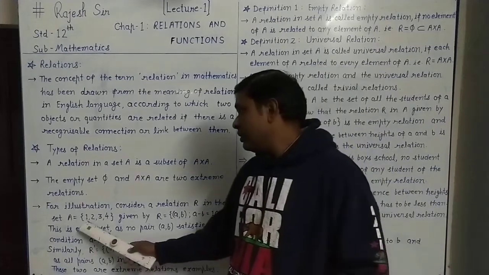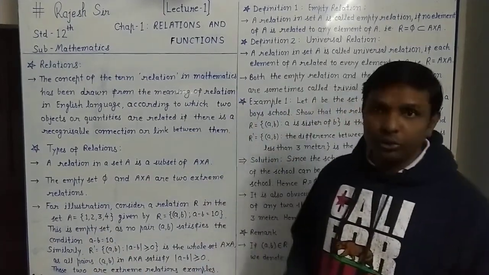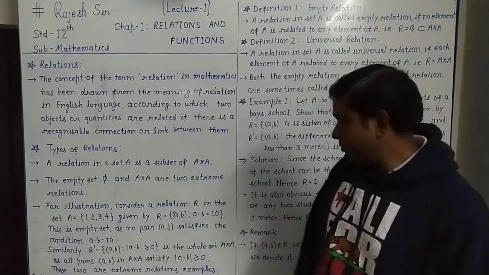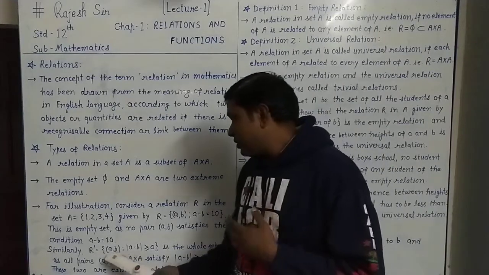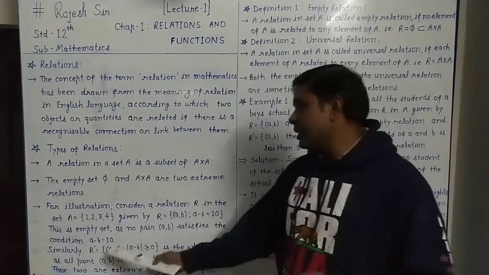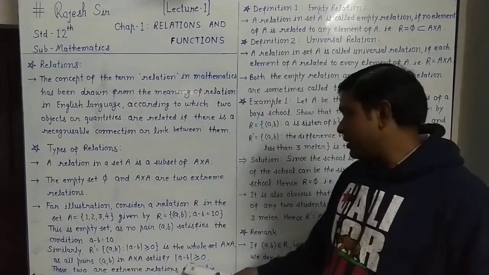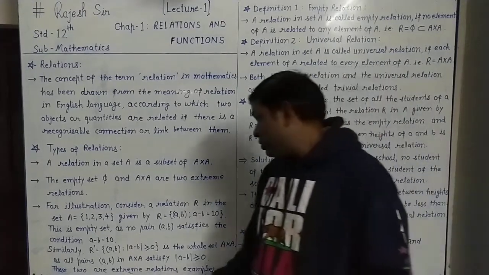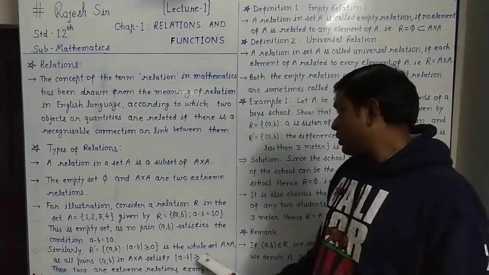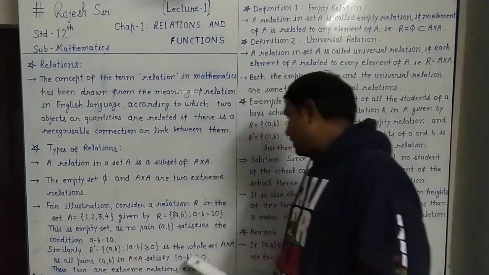If you take any value from 1, 2, 3, 4, its difference in modulus will always be greater than or equal to 0. So the whole set A cross A comes under this condition, as all the pairs (a, b) in A cross A satisfy modulus of a - b greater than or equal to 0. So this is the whole set A cross A, and the earlier one is the empty set.